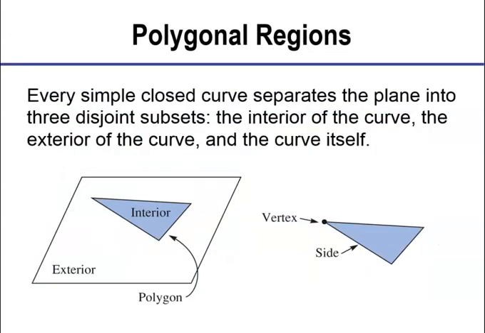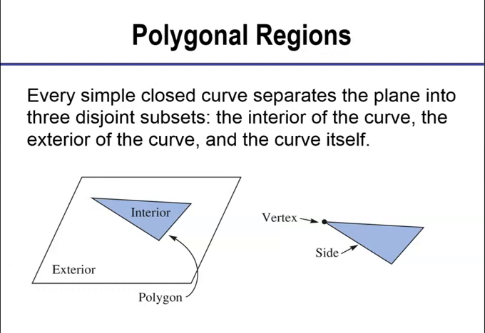Okay, every simple closed curve, so remember what that means. Simple means it doesn't cross over itself. Closed means it starts and stops in the same point. Every simple closed curve separates the plane into three disjoint subsets. Remember, disjoint means they don't have anything in common, okay?